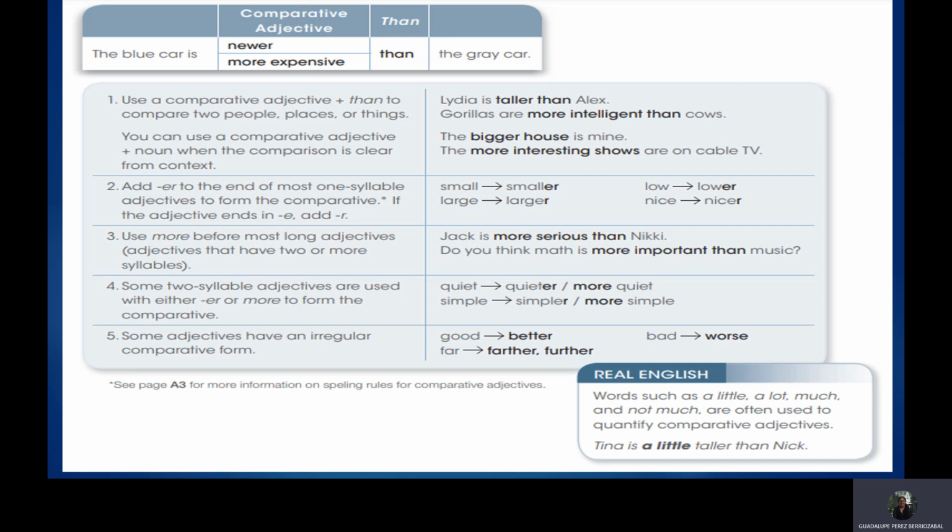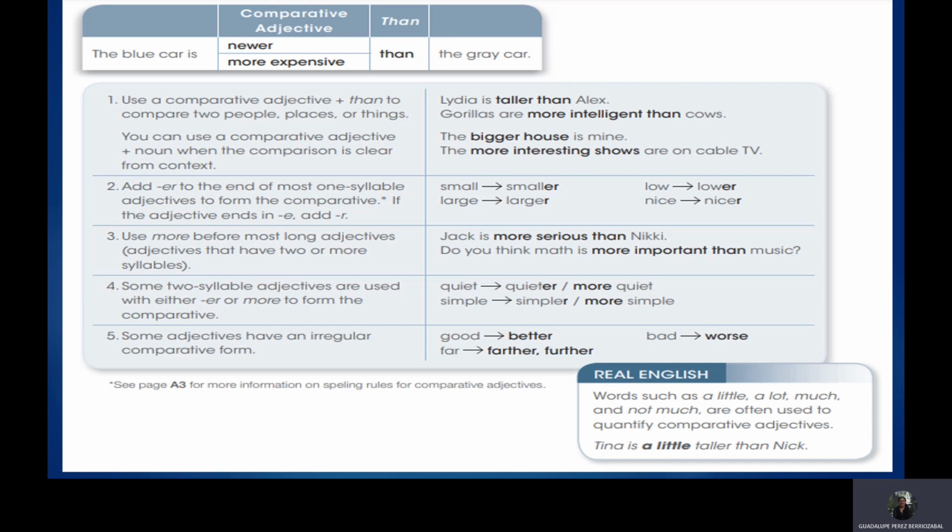Or we can use bad, and the comparative adjective is worse because it's irregular, but we can't say badder. In the case of far, we use farther or further, but we can't use farer, for example. It's not correct because it's an irregular adjective.